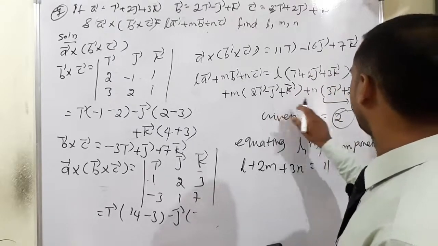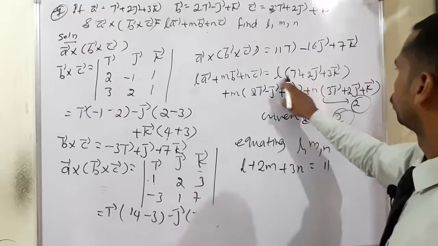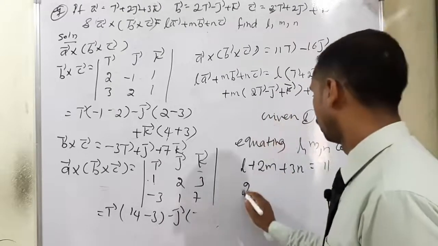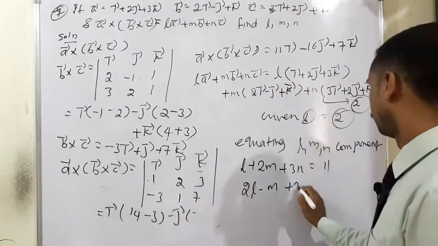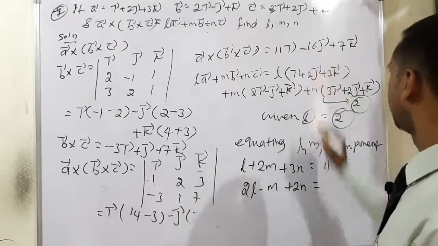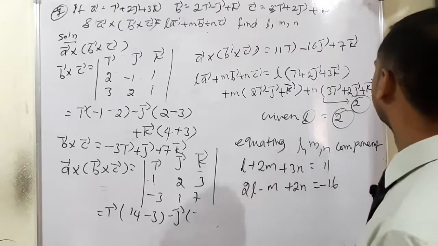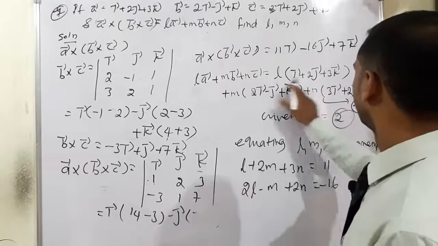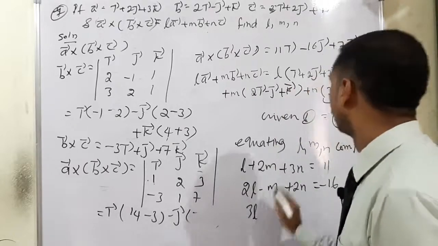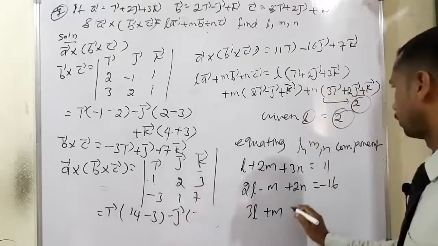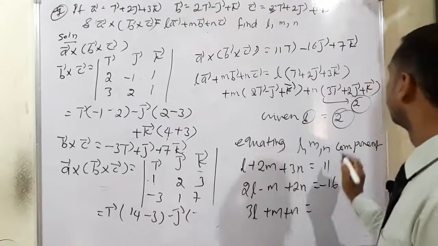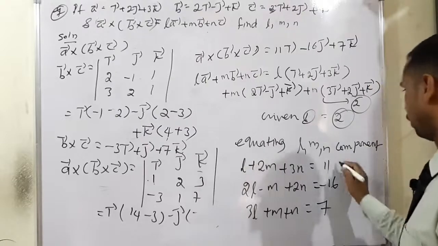Next condition, for j: 2L minus M plus 2N is equal to minus 16. The last one, for k: 3L plus M plus N is equal to 7.